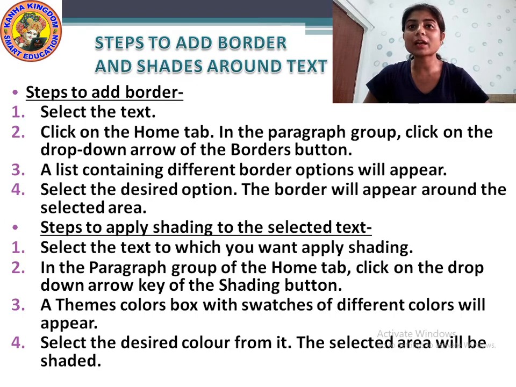Then a theme color box with swatches of different colors will appear. Select the desired color from it, then the selected area will be shaded or highlighted. This is how you can add border and shade around your text.